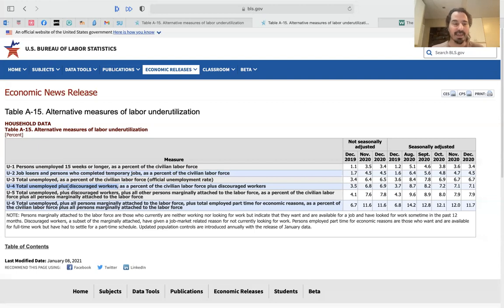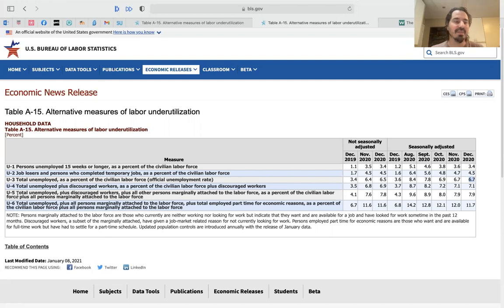So we add those discouraged workers to both the numerator and the denominator. So this is going to give you a higher rate. You can see that this with the discouraged workers was 7.1%, slightly higher than the 6.7% official unemployment rate.